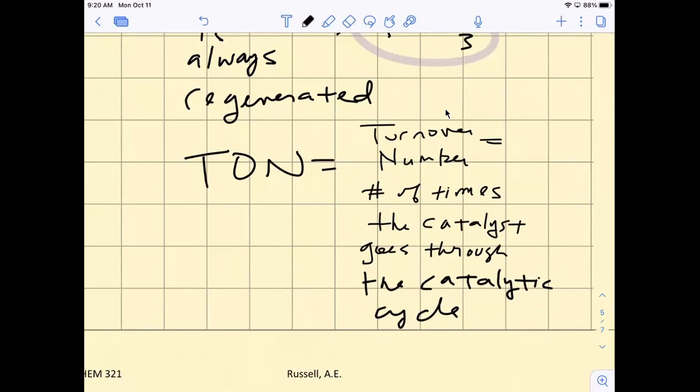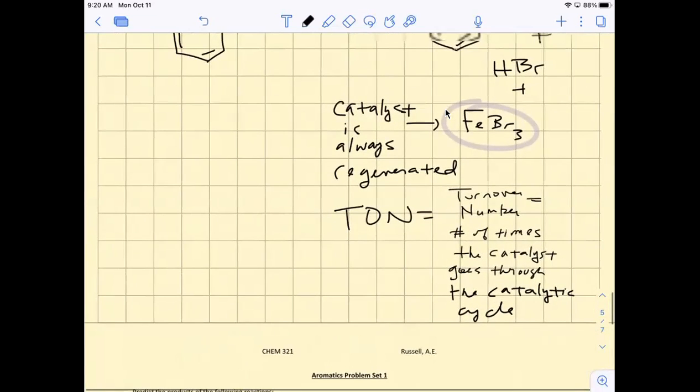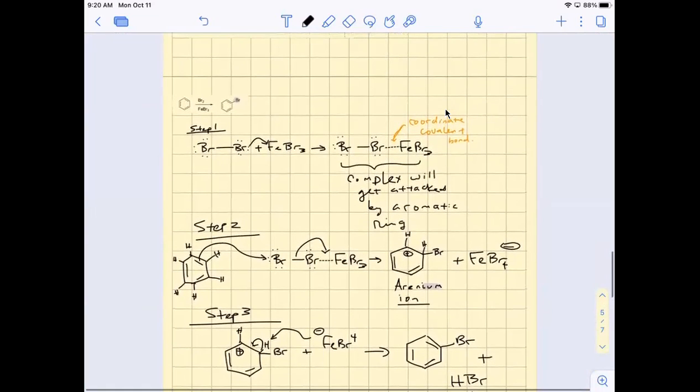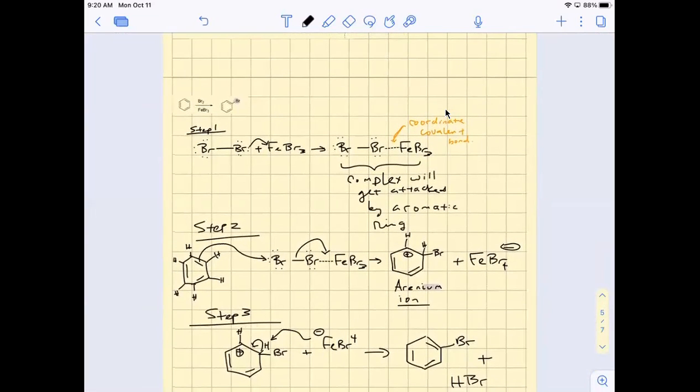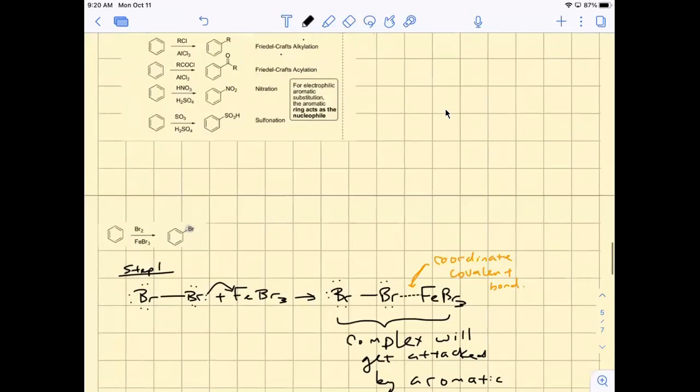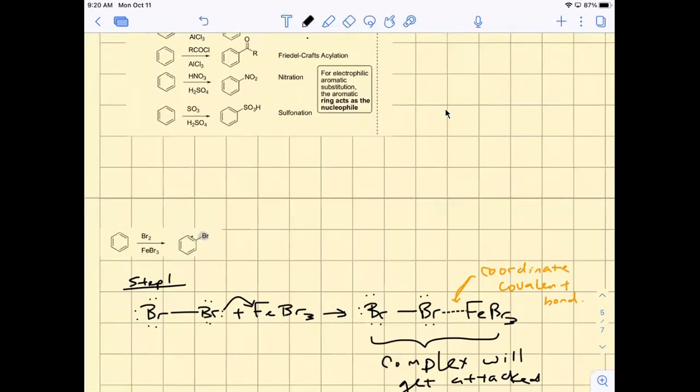All right, so all of these reactions are basically going to have this same type of mechanism. The difference is going to be what the activated electrophile complex looks like. It's going to be different for the rest of these. So this halogenation is just one reaction.